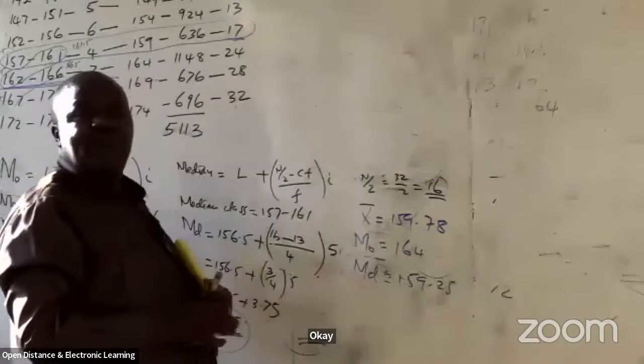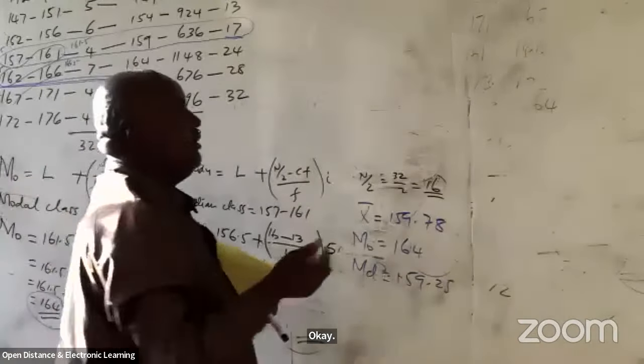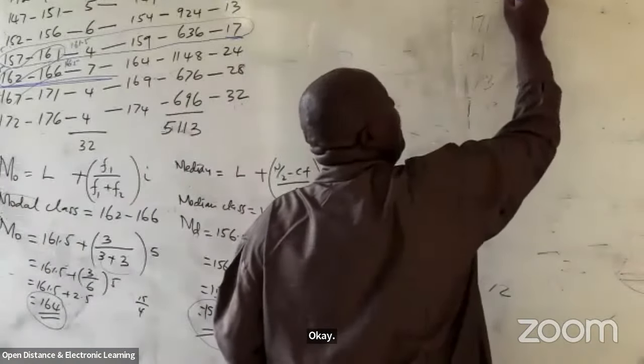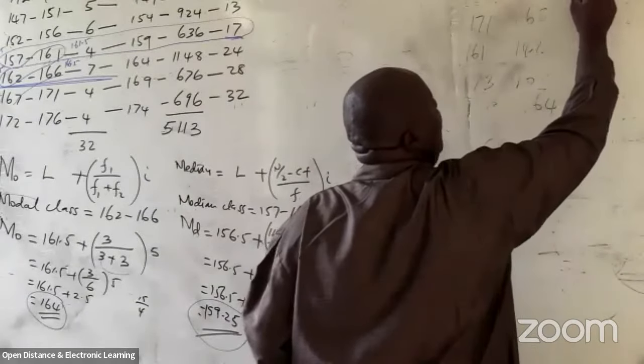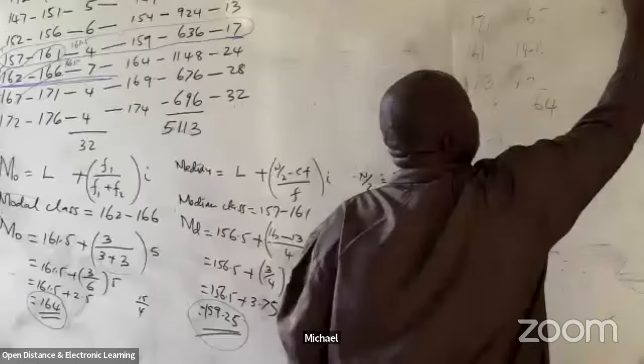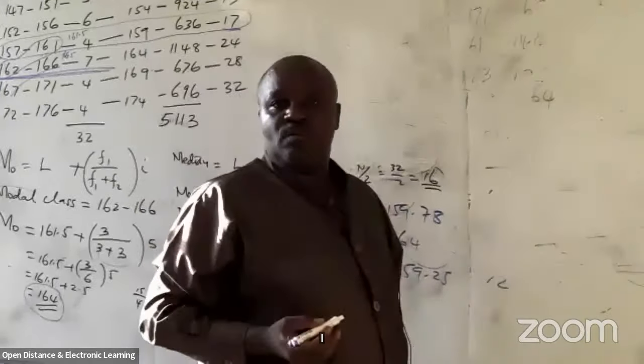If you compare these three values, there are two options that you may get: the mean being equal to the mode, which equals the median. The three can be equal.